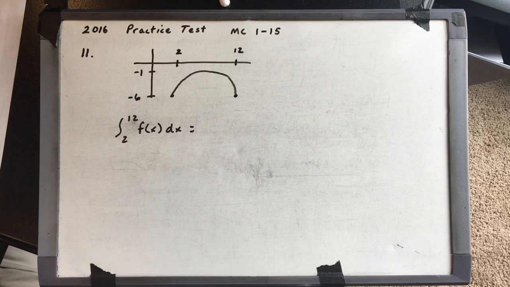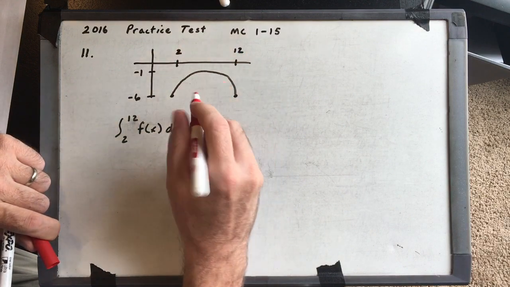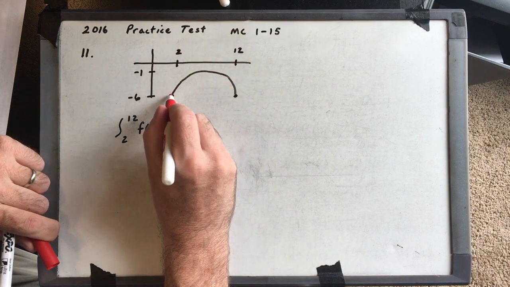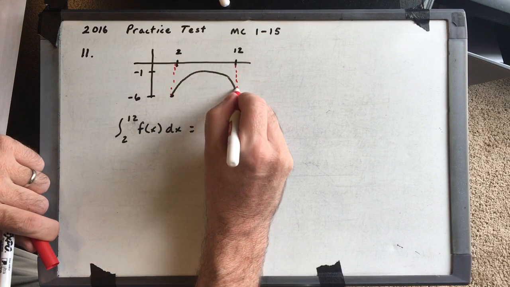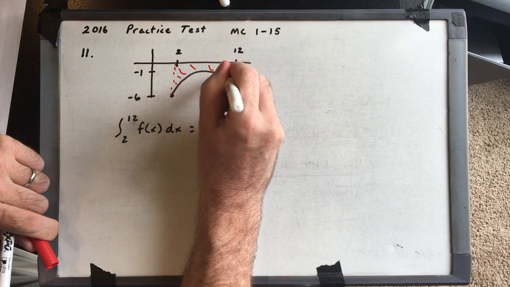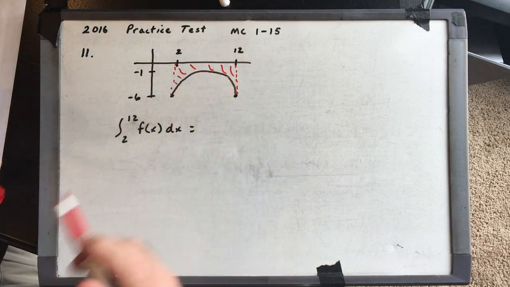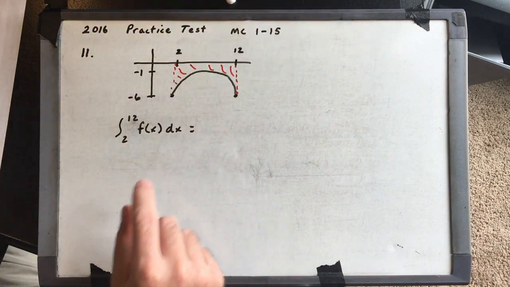Okay, so what you have to do is find the area under the curve. So the whole area, we're only worried about finding this part in red. That's the area between the curve and the x-axis.